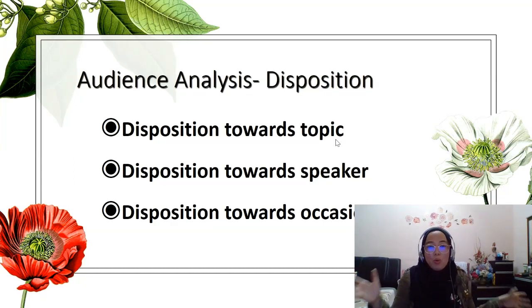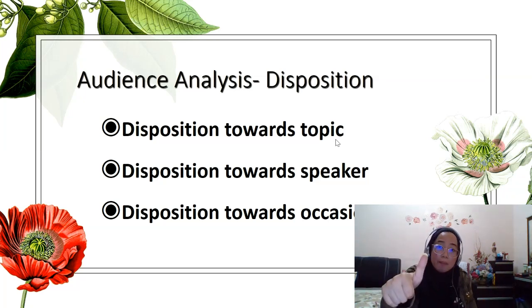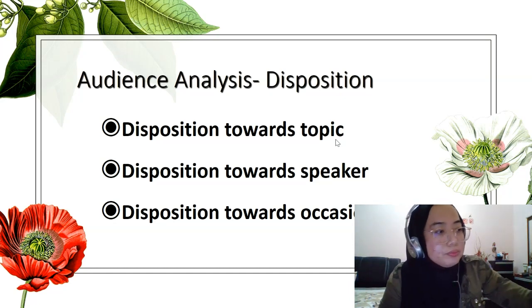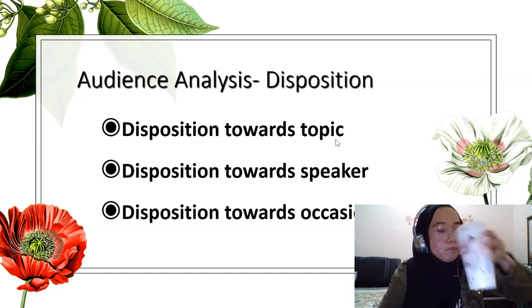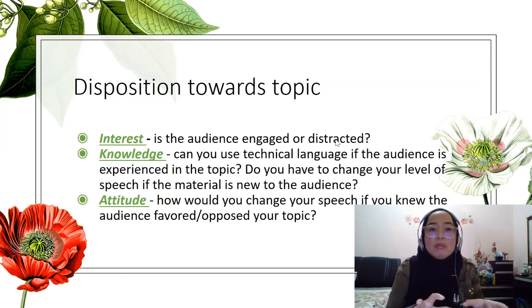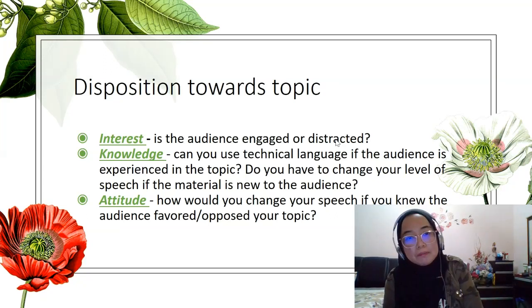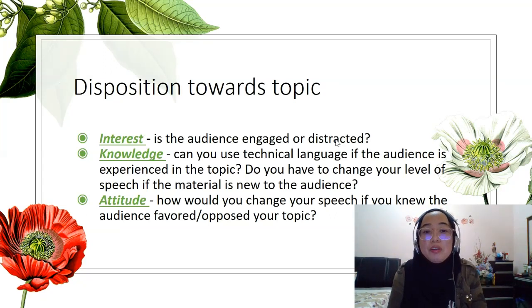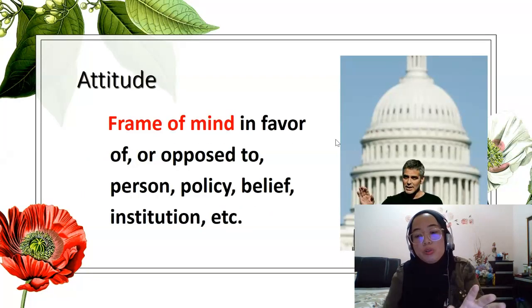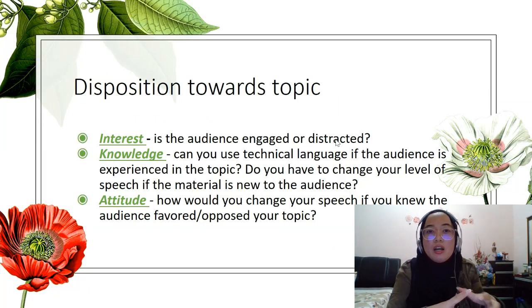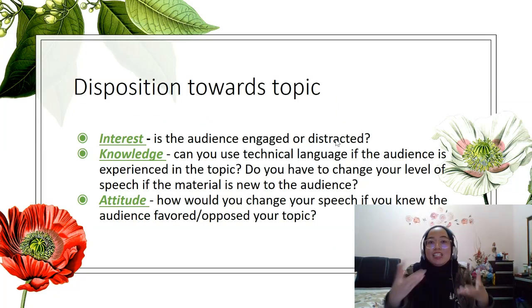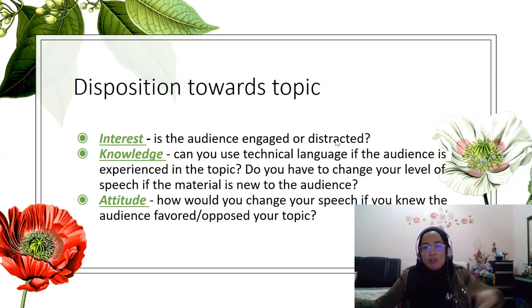Now we want to talk about audience analysis, in particular their disposition towards the topic, towards you as a speaker, and also towards the occasion. When we talk about their disposition towards the topic, we're looking at their interest. Are they interested to listen to your topic? Is the audience engaged or distracted, motivated or not when you talk about this topic?